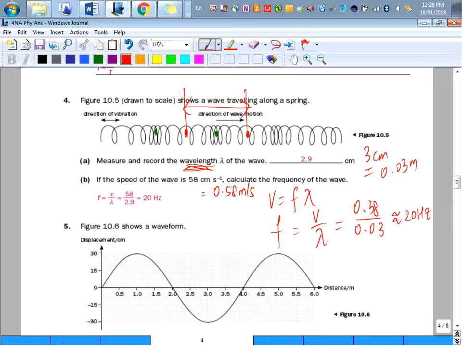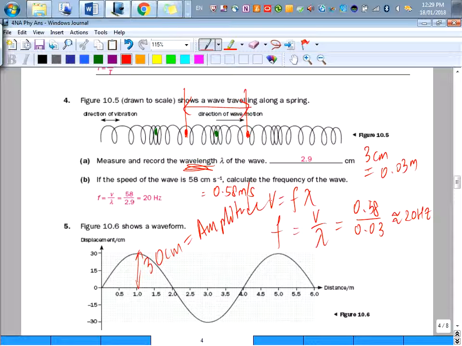The height, from rest position to the crest. Okay, he's saying that I can tell this value. How much is this value? 30. Okay, over here this is 30 cm. Jia Yi called it the height. Is that the technical term to use? Okay, amplitude. This is our amplitude.